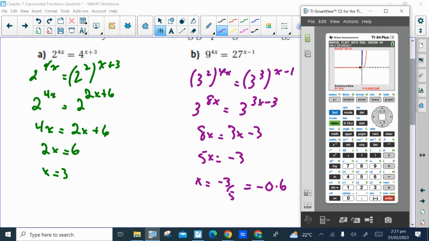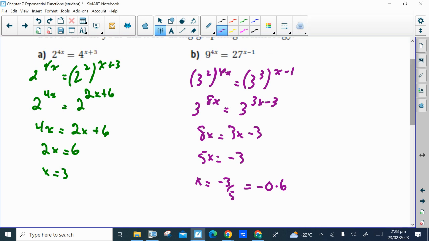Remember, you can take that x value in your calculator and turn it into a fraction. Because that's the last x value in our calculator, if you quit out of there and you go x enter, it brings it up, and then math enter enter turns it to a fraction. On the TI calculators, you can do that. Okay?